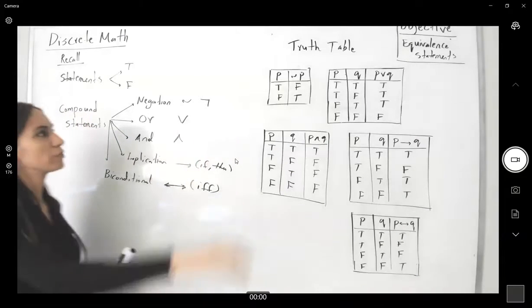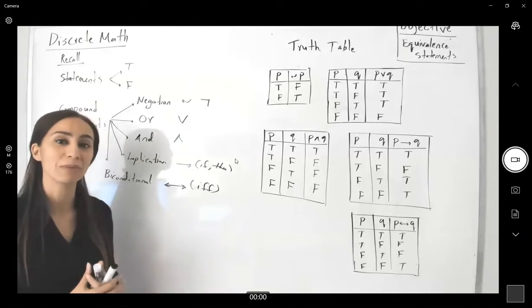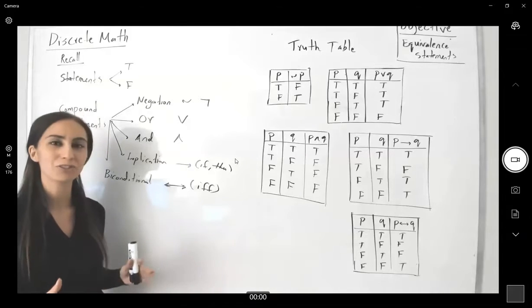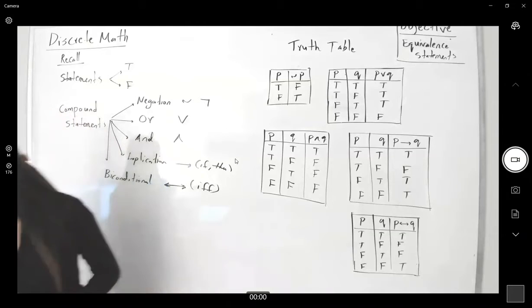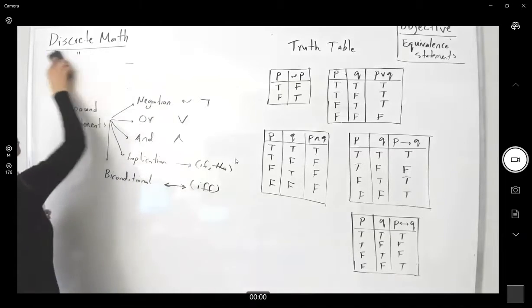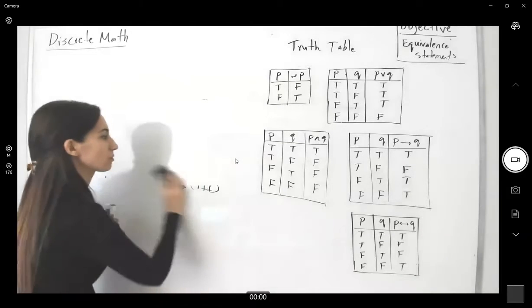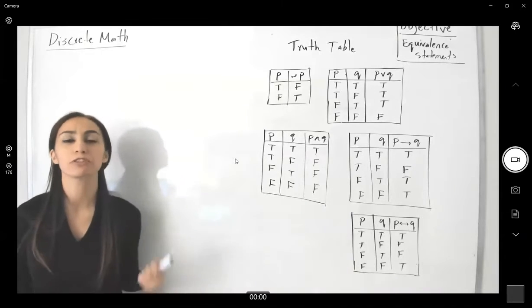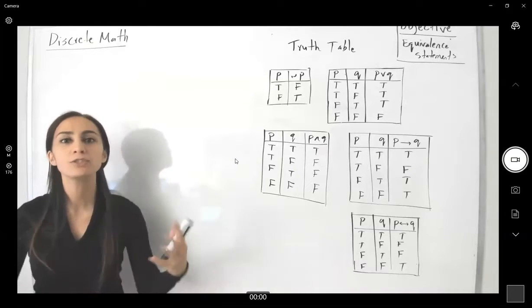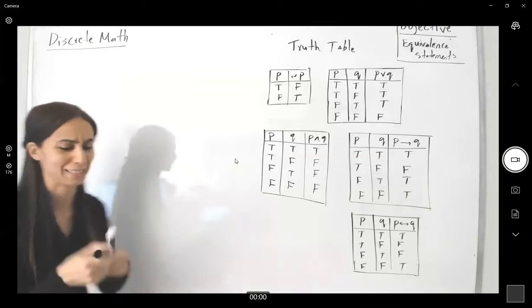Very well, before moving on to laws for equivalence statements, we're going to talk about De Morgan's laws. So I expect you to ask, can I distribute negation into a compound statement? These are the questions that you should be asking.